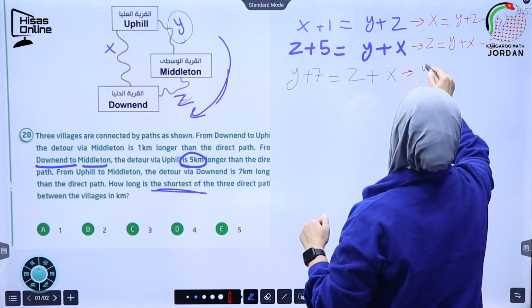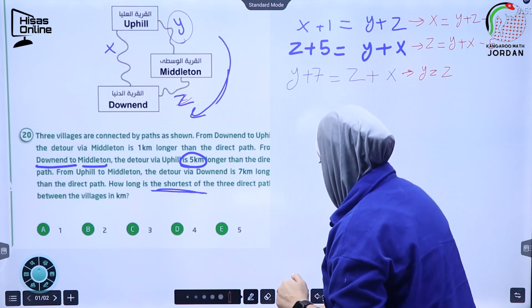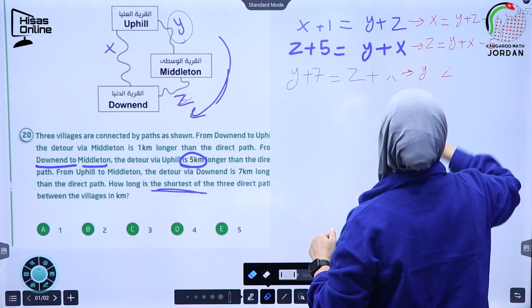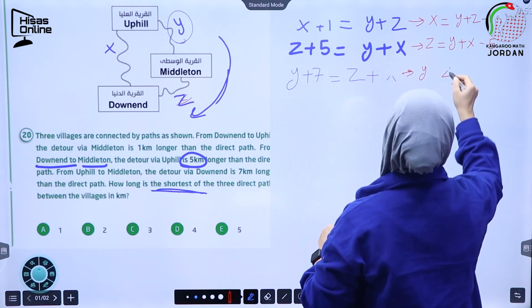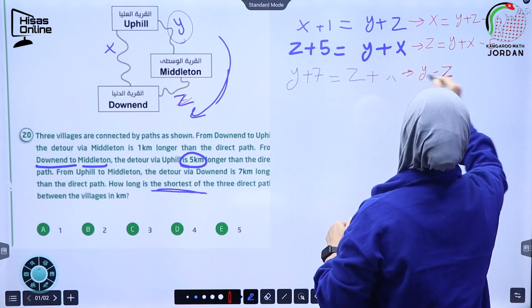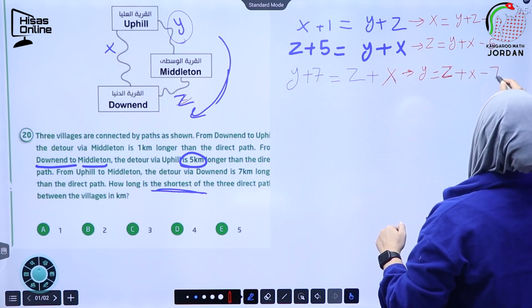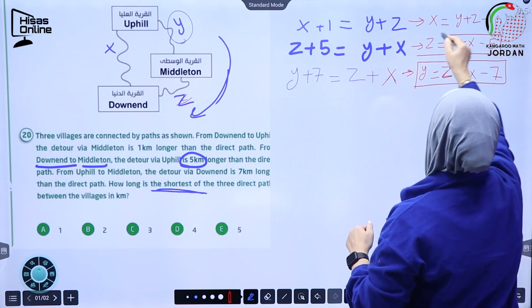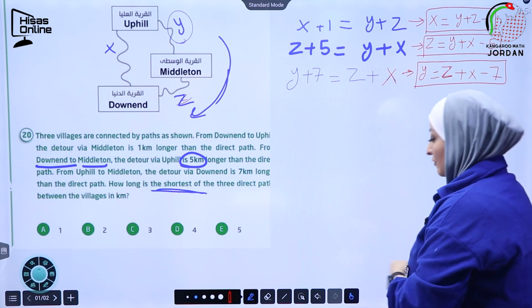And here, Y equals Z plus X minus 7. So I have new equations, each one in terms of the other two.